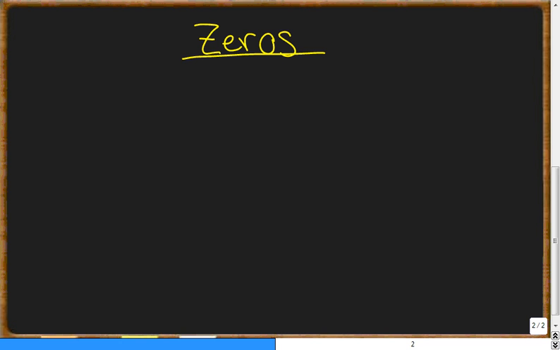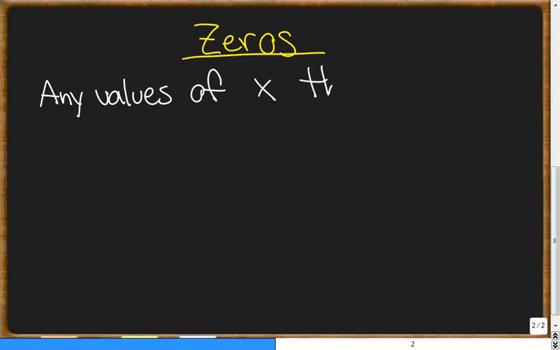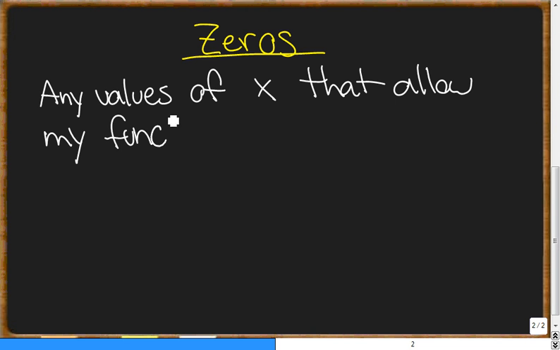Now, zeros of functions, these are any values of x that allow my function to equal 0.